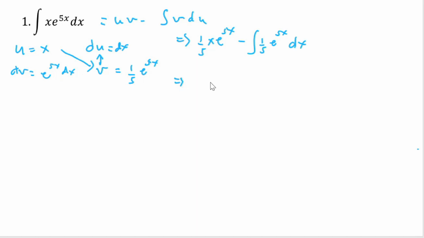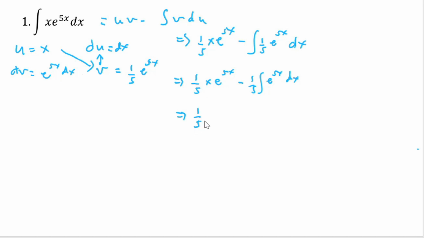On the first term, the product of uv, we just rewrite it: 1/5 of x e raised to 5x minus, I will write the constant multiplier of 1/5, and then the integral of e raised to 5x dx.